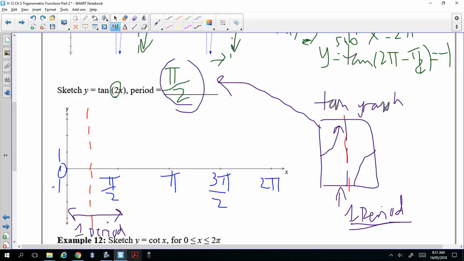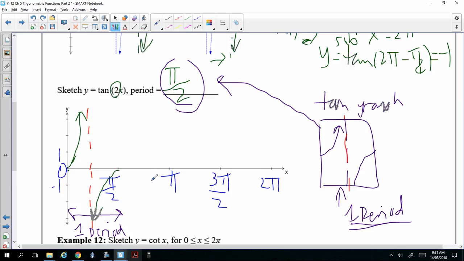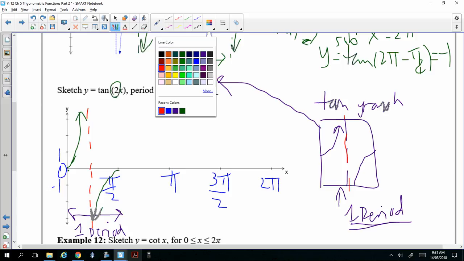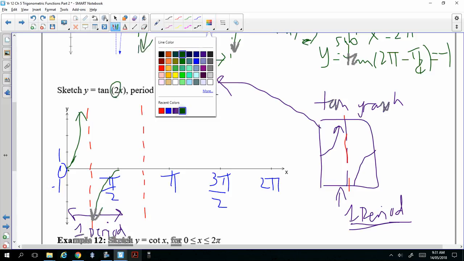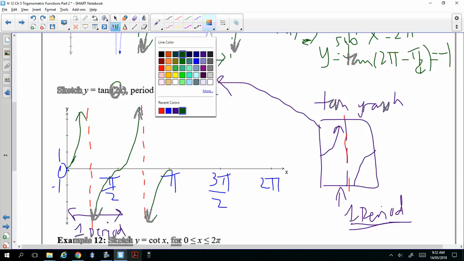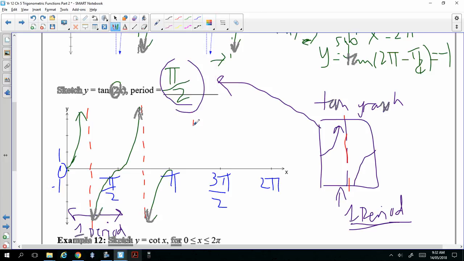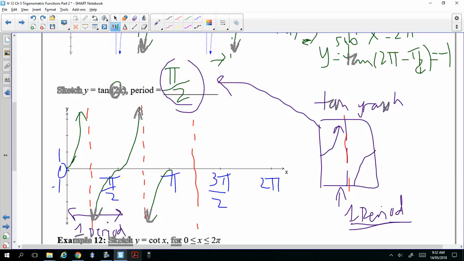Asymptote in the middle, and then you do this, up, down. Repeat, another period, halfway, up, down. One more time, asymptote in the middle, up, down. I don't know, maybe like backstroke or swimming.